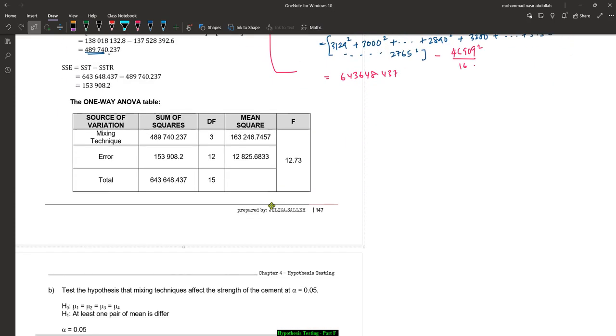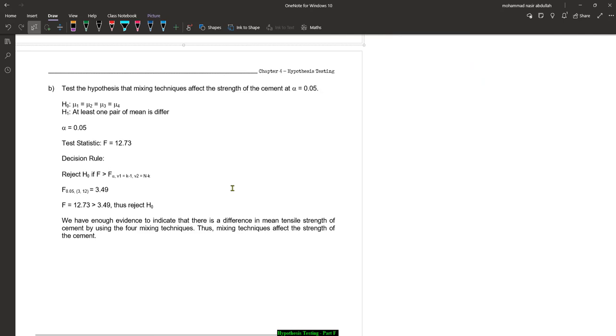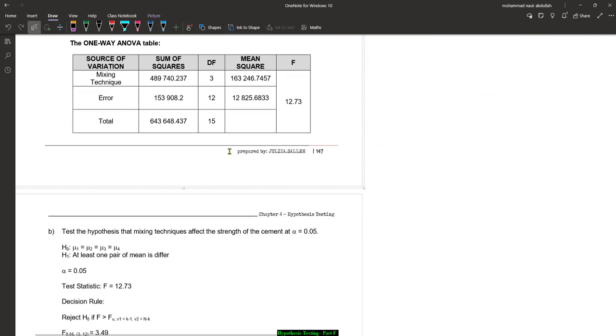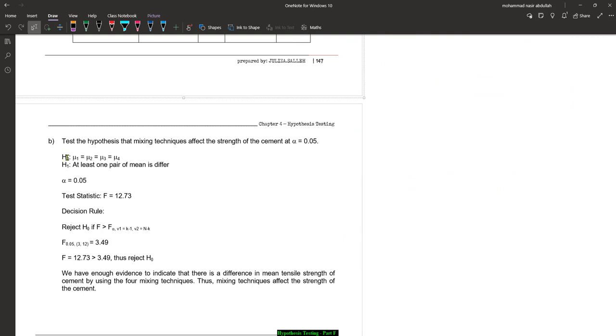Alright. So, let's move to the hypothesis testing. Right? So, once you already have the table, then we move to the statement of hypothesis testing. So, first we need to put our null hypothesis, which is mu1 equal to mu2 equal to mu3 and mu4. Sebab apa ada 4?